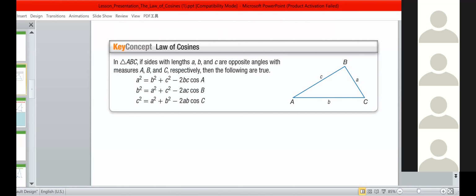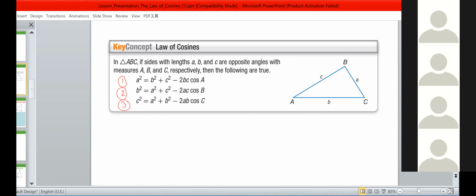In a triangle ABC, if the sides with lengths a, b, c small are opposite to the angles with measures A, B, and C capital respectively, then the following are true. These are the 3 rules that we will talk about. This is the first one, and this is the second one, and this is the third one.